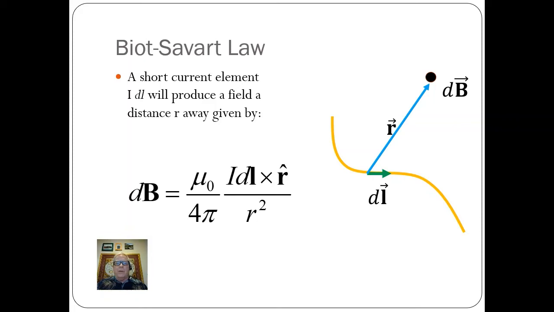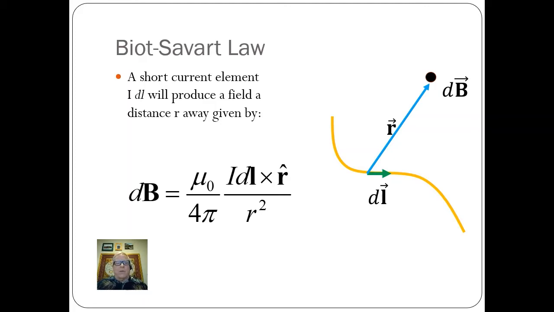If we have a little piece of the current, which is I dl, and the radius vector from where that current is to the point where we care about finding the magnetic field is r, then, since it's a little bit of the length of the conductor times I, the current, we will talk about a little piece of the magnetic field.